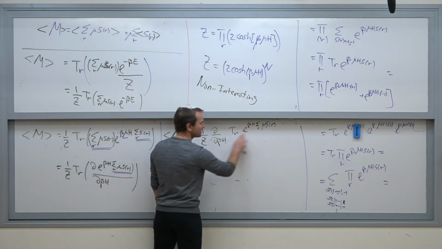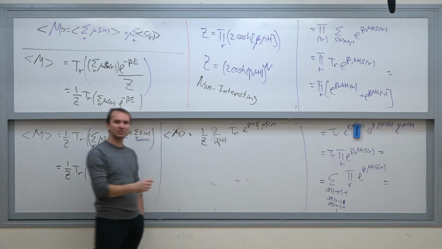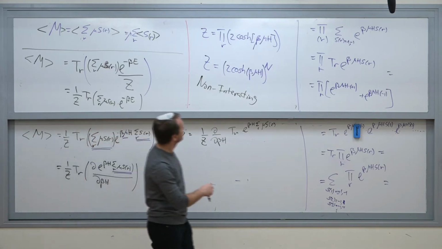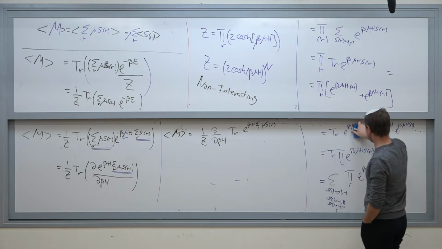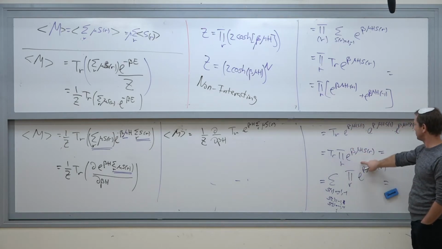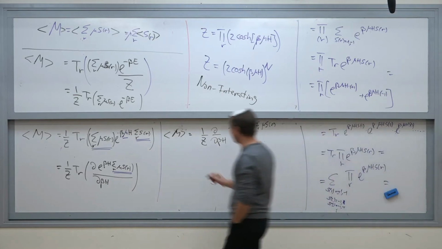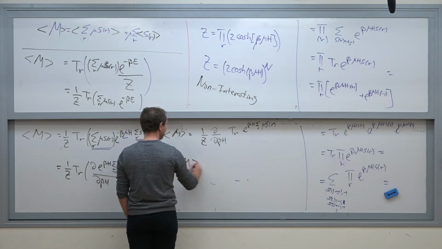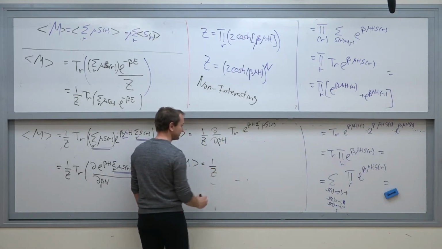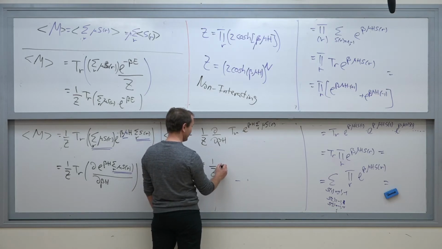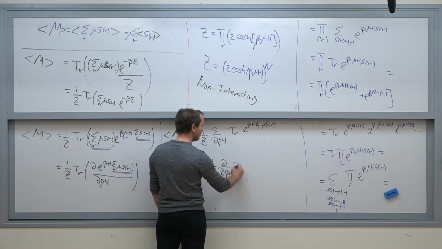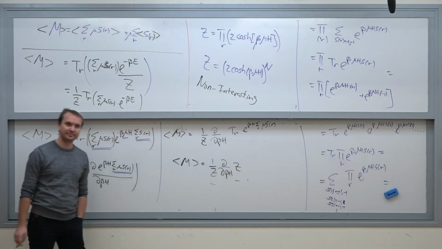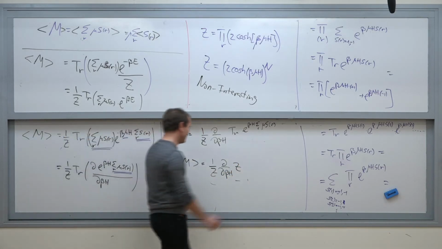But what is this trace? It's just the partition function, right? So this is it. What we have here is that the average M is 1 over Z, d by d beta h of Z. Okay?